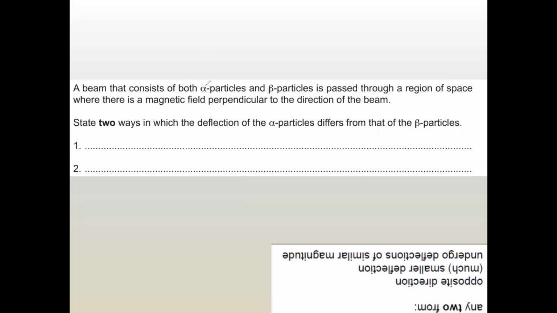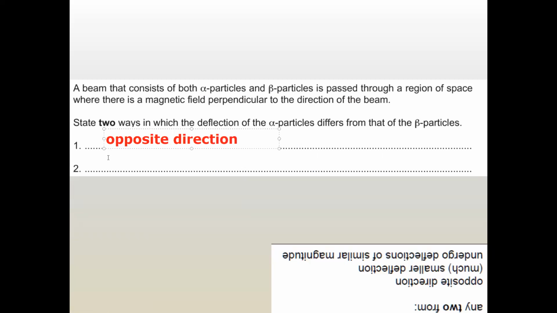A beam that consists of both alpha and beta particles is passed through a region of space where the magnetic field is perpendicular to the direction of the beam. State two ways in which the deflection of alpha differs from beta. Number one, their directions will be opposite. If alpha is going up, beta will go down.